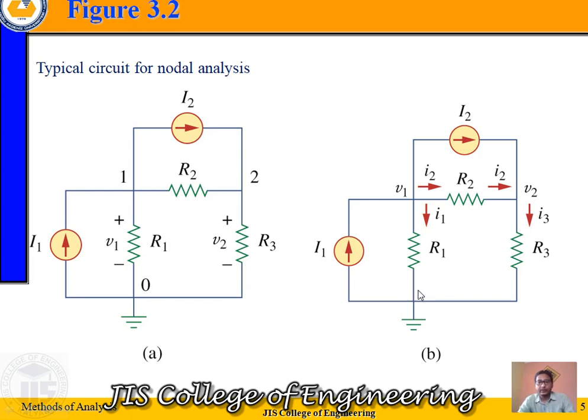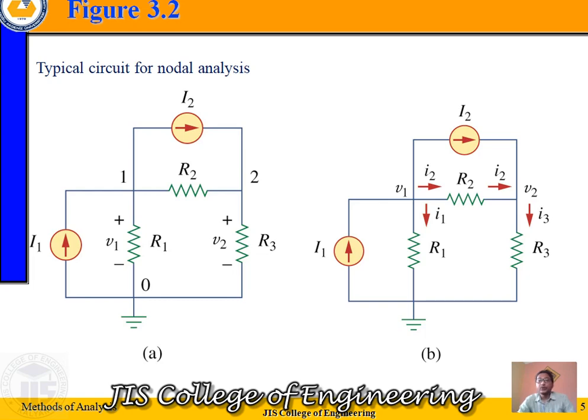And for the non-reference nodes, that is node number 1 and node number 2, we have to provide unknown voltages, which we have considered as V1 and V2. So we have taken the reference node at ground potential, and the non-reference nodes with unknown voltages V1 and V2.